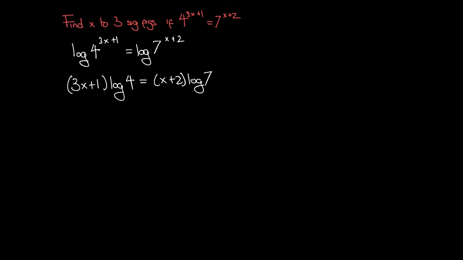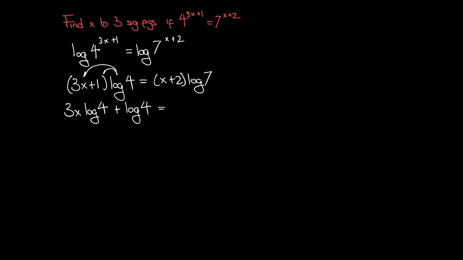We know that we are multiplying here, and so in this case we can go ahead and expand it a little bit more. This is going to end up giving us 3x log 4 plus log 4. Remember, guys, it's just going to be your distributive property.